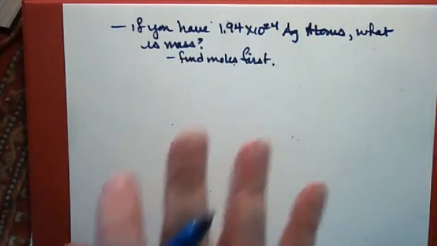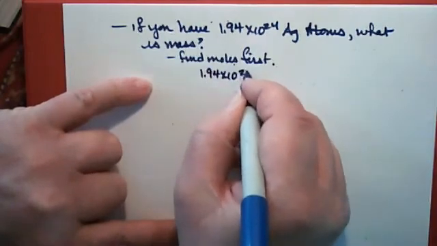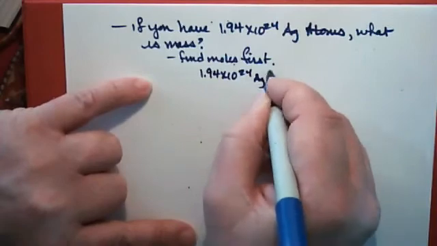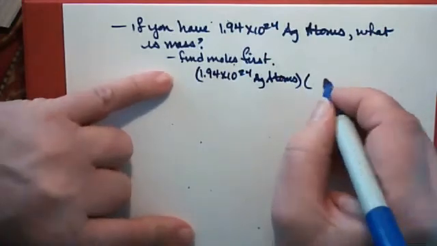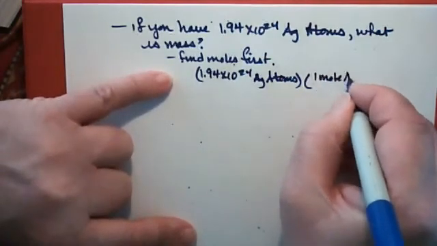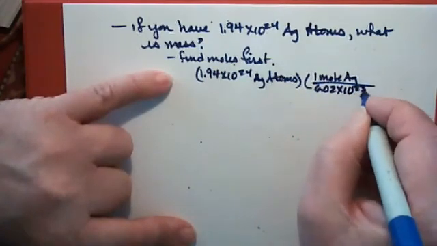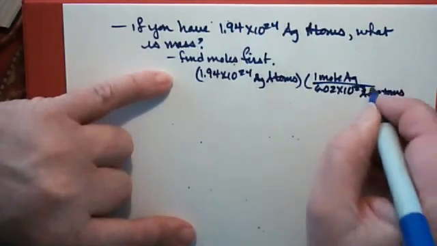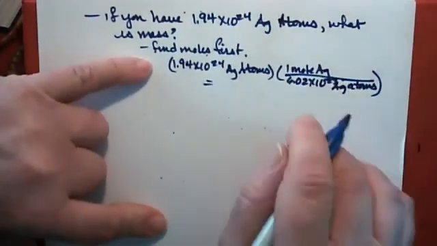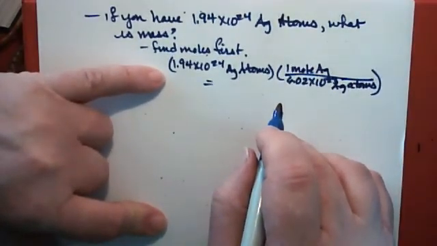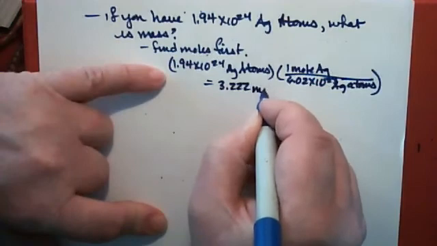So the first thing you want to do here is find moles of silver. So we've got 1.94 times 10 to the 24th silver atoms. And there's 1 mole of silver for every 6.02 times 10 to the 23rd silver atoms. That's 3.222 moles.